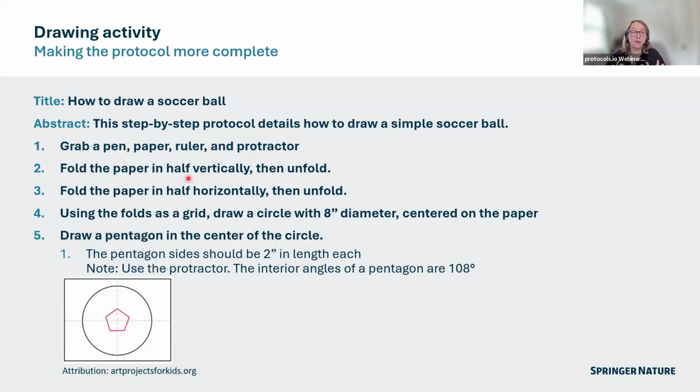Instead of saying fold it hamburger and hot dog style, which is jargon, terminology that's used only in certain parts of the world, vertically and horizontally are better for people to be able to follow. Then details about exact measurements and notes, and then a picture so that people who are reading the protocol can visualize exactly what you're explaining.